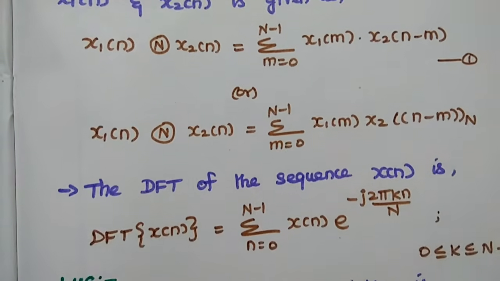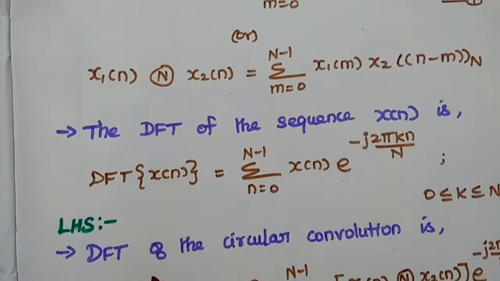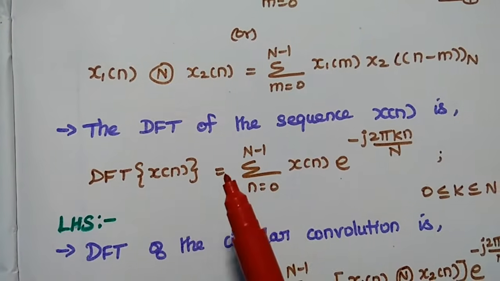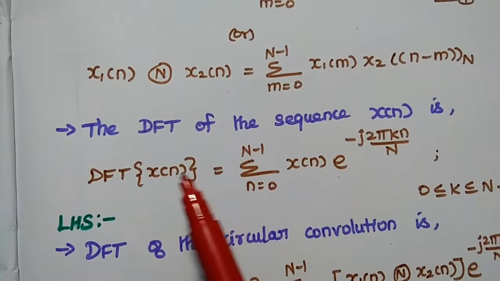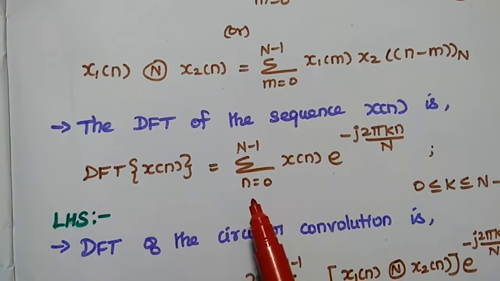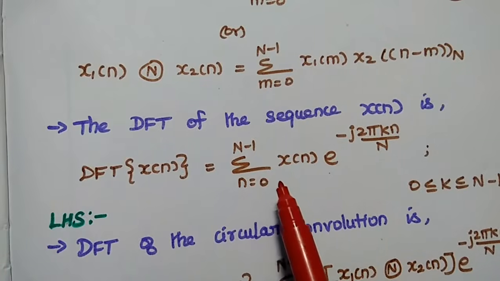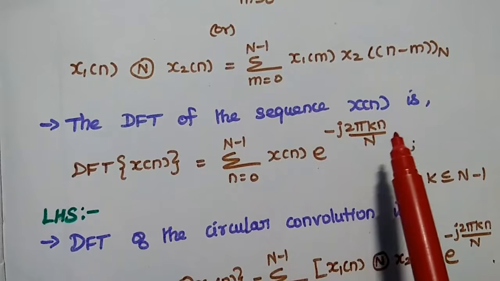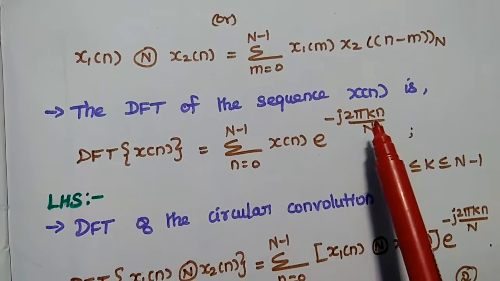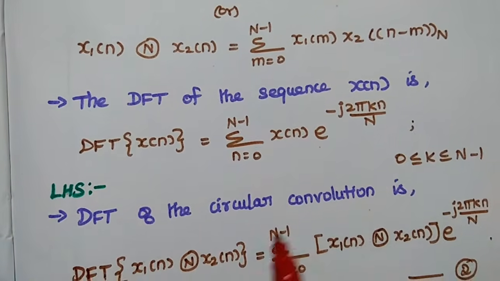Next we consider the discrete Fourier transform of the sequence x of n as DFT of x of n equal to summation n equal to 0 to N minus 1 x of n e power minus j 2 pi k n by N. Here k varies from 0 to N minus 1.